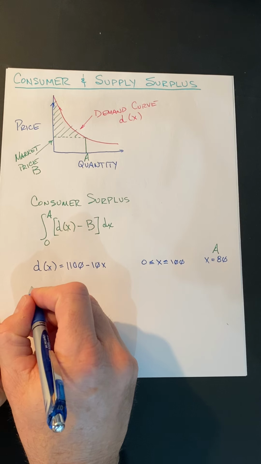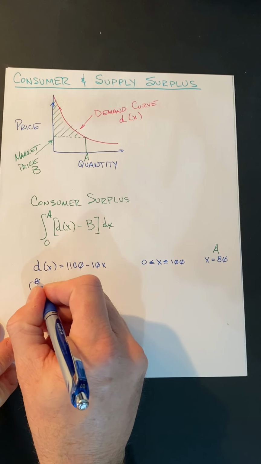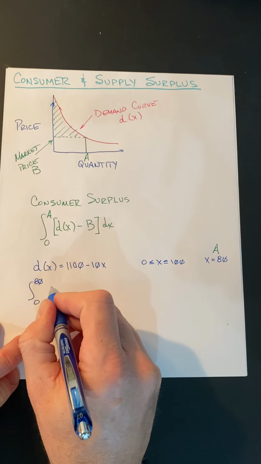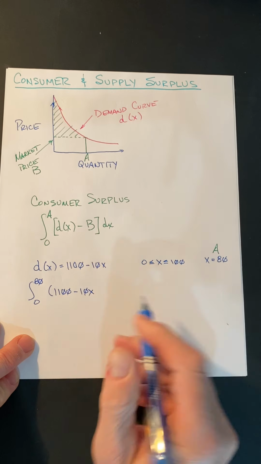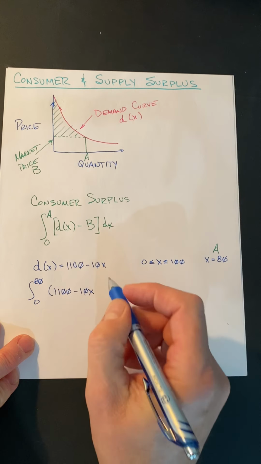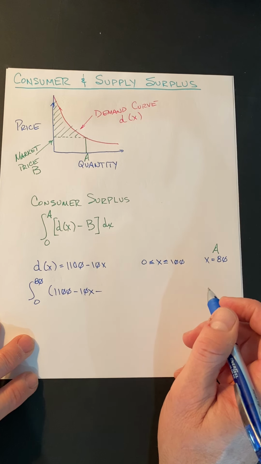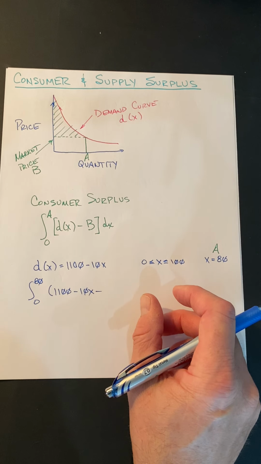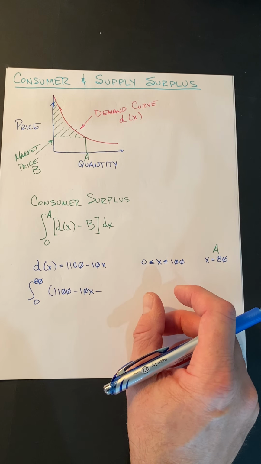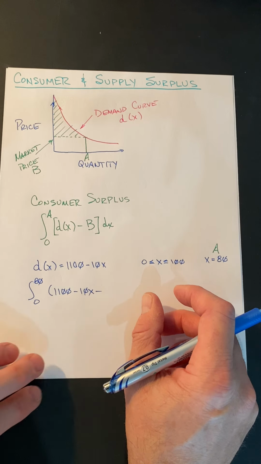Well, we're going to integrate from 0 to 80 my function 1100 minus 10x, that's my d of x, and then I'm going to subtract my market price value, which in this particular case was 300.